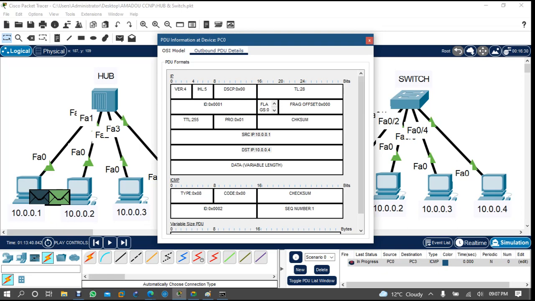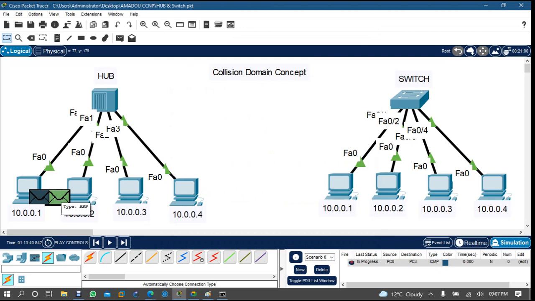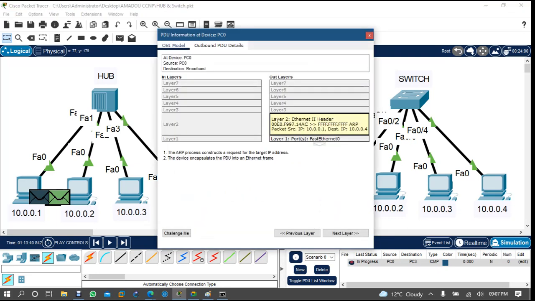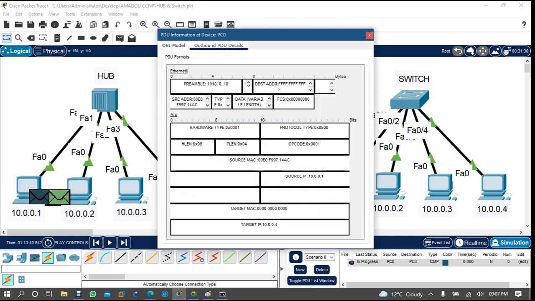Now when you click on the ARP packet, why is it looking for ARP? It says my source IP address is this, and my source MAC address is here. This is an ARP packet. It says my target IP, the destination IP, is this one. I know the destination IP, but I do not know the destination MAC address.